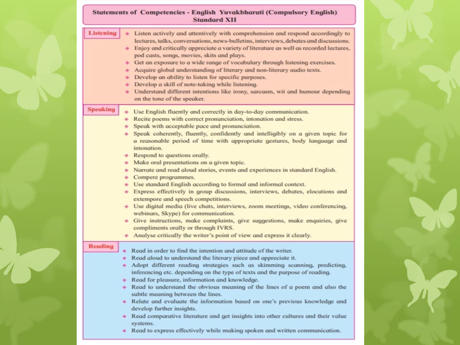Also, we find a textbook page useful, titled Statements of Competencies. English Yuvak Bharati will surely help us to go through the details of improving different skills, that is listening, speaking, reading and writing.